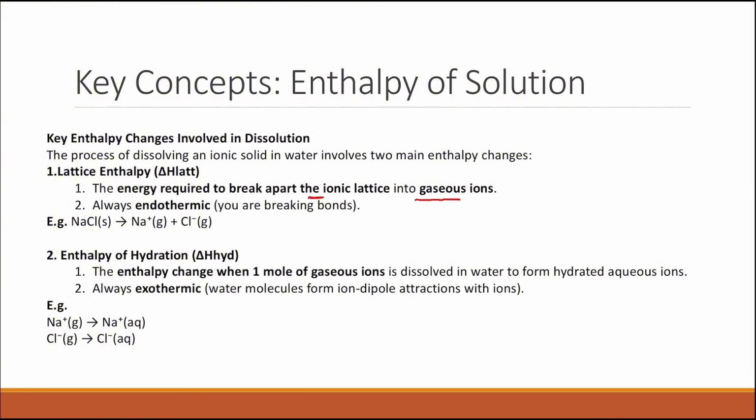This is the opposite of the lattice formation, and it's going to be endothermic. So we would need to supply energy to break the lattice bonds and form the gaseous ions. Sodium chloride solid will give you sodium ion gas and chloride ion gas.